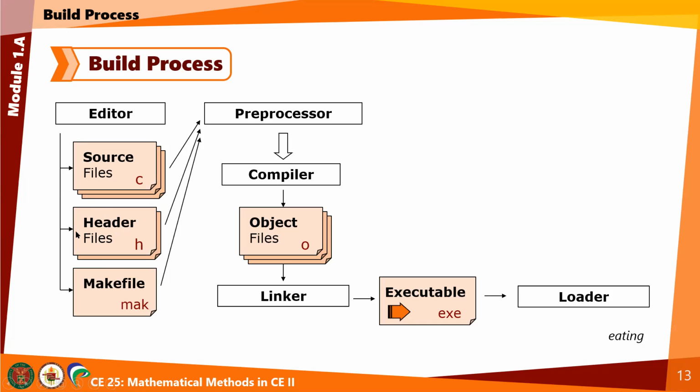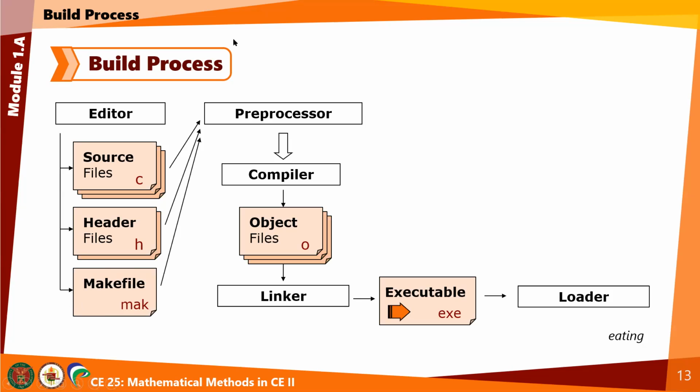Also, you can make your own, and I will teach you in the later part of the sem how to make your own. And the make file. This make file is a sort of an automation, if you want to, in your programming. Pero this one is very useful if you have a lot of programs that you want to compile to each other. Okay, maybe I can teach you how to do this in the later part of the sem. But you can also search how to do this.